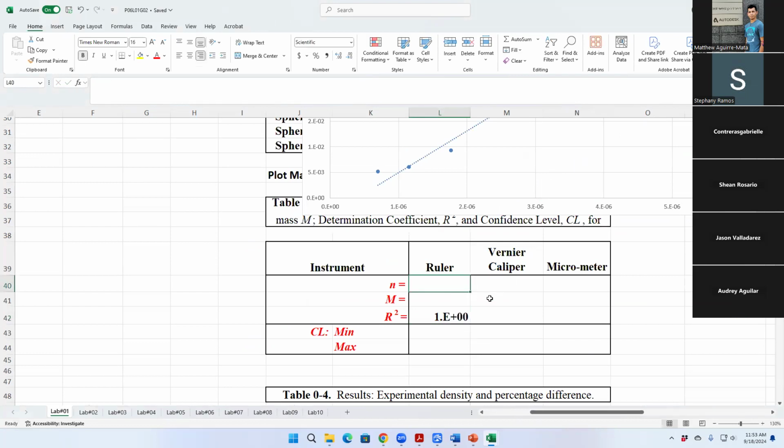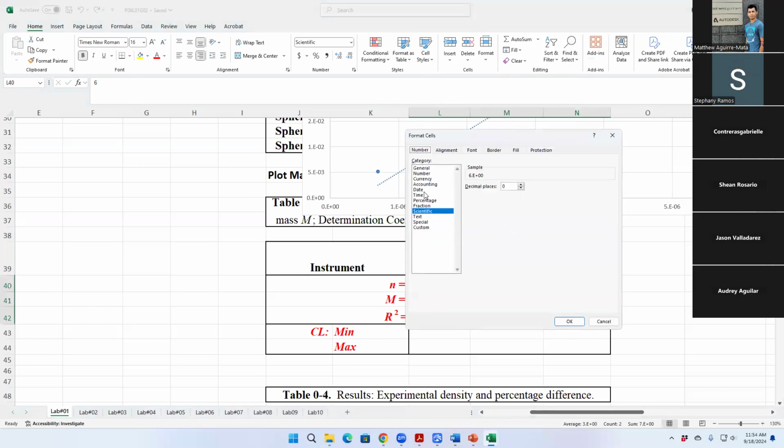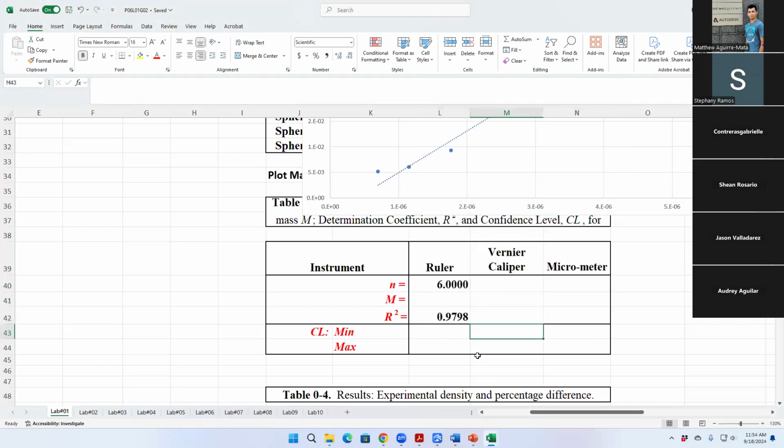You put the number of data points here. It's going to be 6. I'm going to put, here we go, number, numeric format. Okay. And now you're going to find the CL, the lower boundary and the upper boundary of the CL.